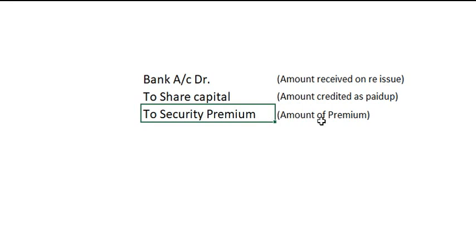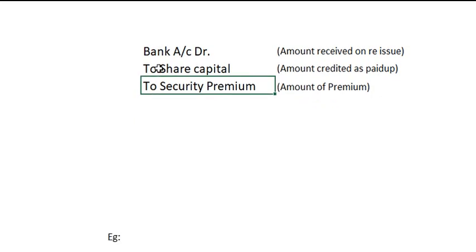The premium will be credited to the account called Securities Premium Account. So the journal entry will be Bank Account Dr. to Share Capital, to Securities Premium. So let's explain this case with an example.